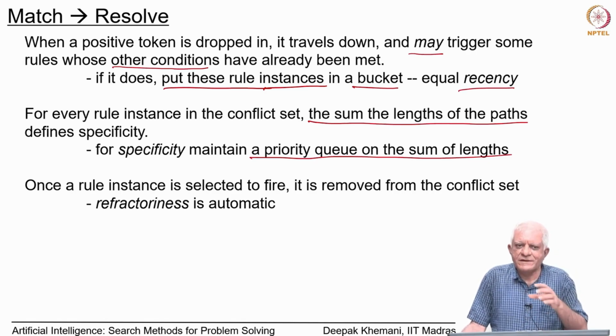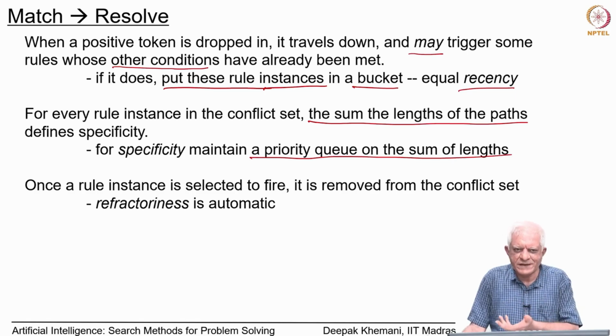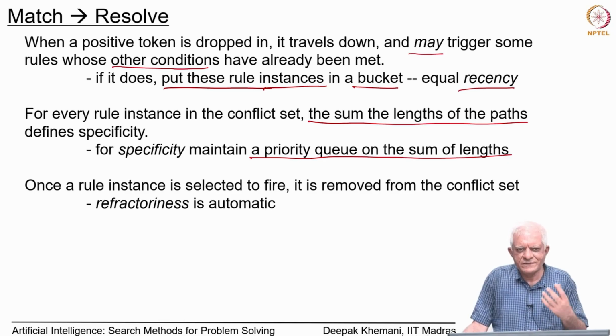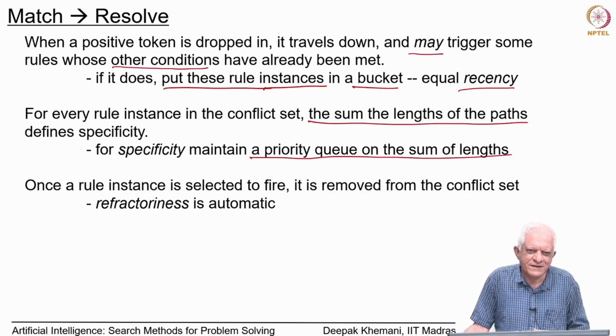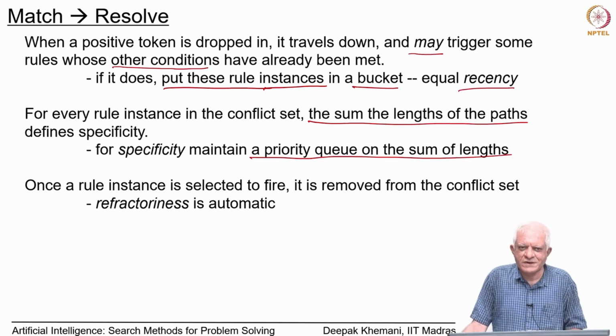But once a working memory element triggers the rule and the rule goes into the conflict set, it is lying there. It is like a fruit in some sense which has ripened on a tree, essentially. It is waiting to be plucked and eaten or executed, as the case may be. But like a fruit that you can eat only once, a rule can also be plucked only once.